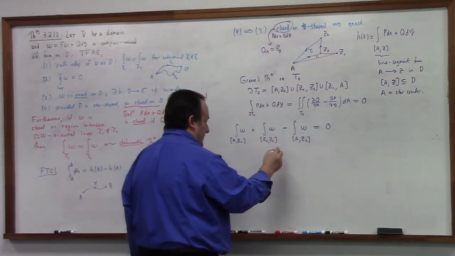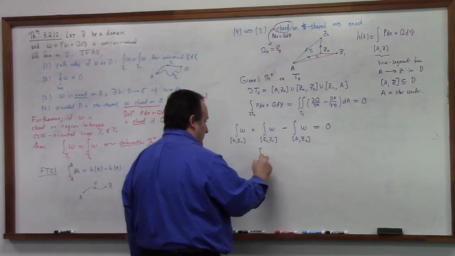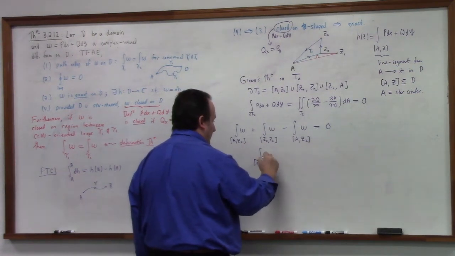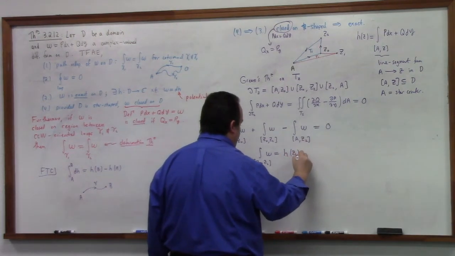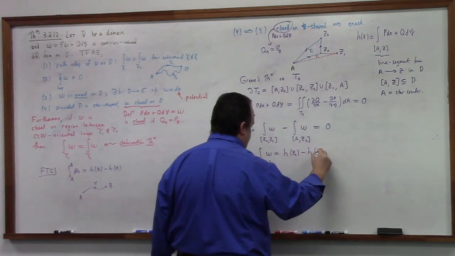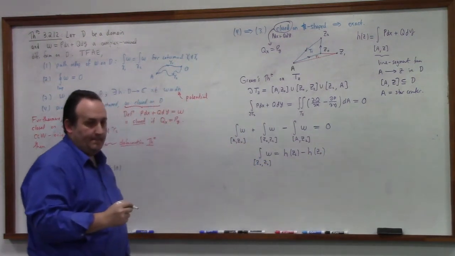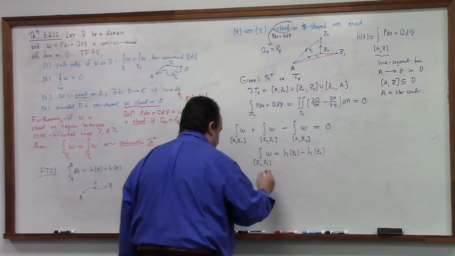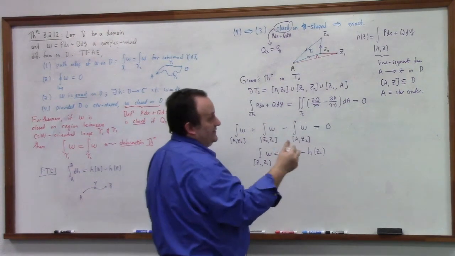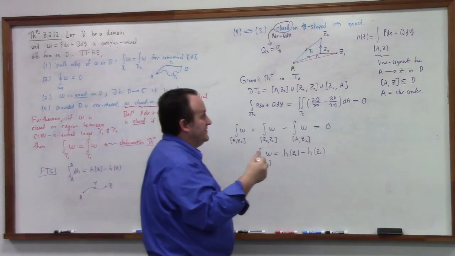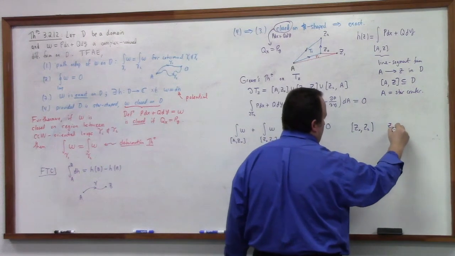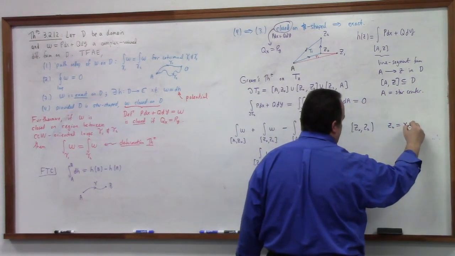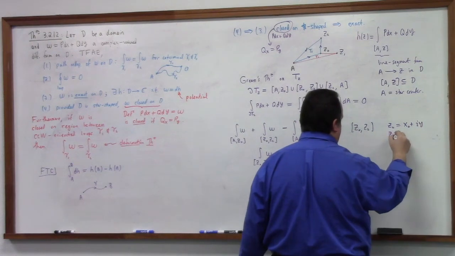So what this gives us then is that the integral from z naught to z2 of omega is equal to h of z2 minus h of z naught. But this is z naught to z2, just like the previous proof. It's a vertical segment. So we can let z2 equal x naught plus iy, whereas z naught is x naught plus iy naught.